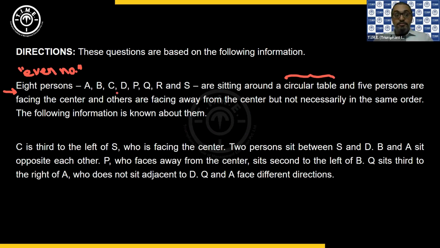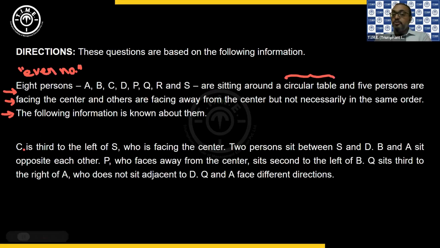And he also says 5 persons are facing the center and the others are facing away from the center, not necessarily in the same order. So we will take the circle. 8 is an even number, so I will definitely have opposite positions. And there are 5 facing the center, 3 facing away from the center. There are 8 people.